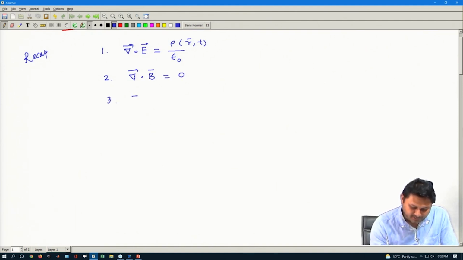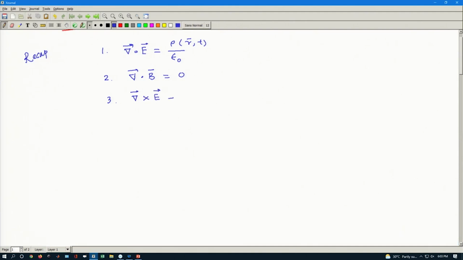Equation 3 was curl of E plus del B del t, that was 0.